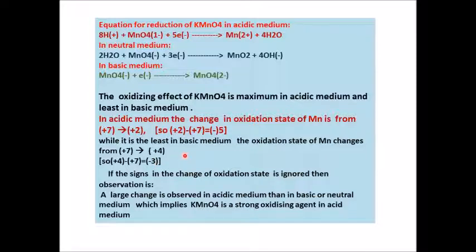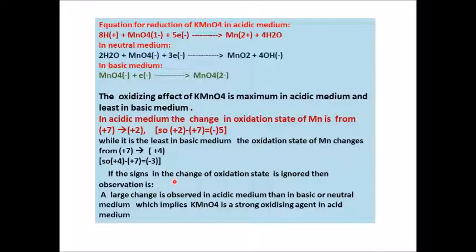So, in basic medium and in neutral medium, the change in oxidation state of Mn is the lowest, while in case of acidic medium, it is showing a very high change in oxidation state.